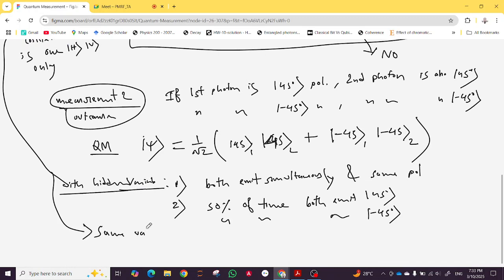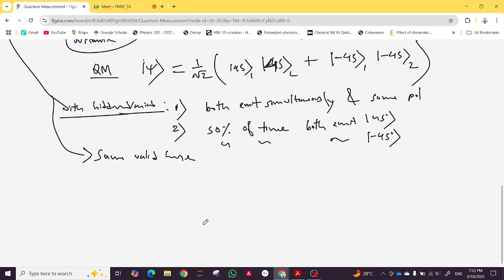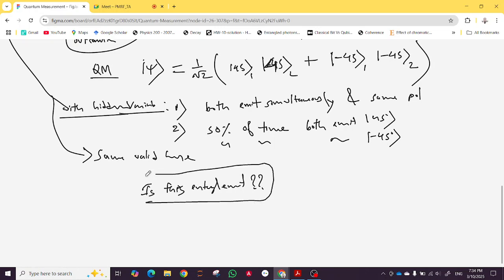We don't need quantum mechanics. Okay, but is this entanglement? Here also you cannot say it is entanglement.